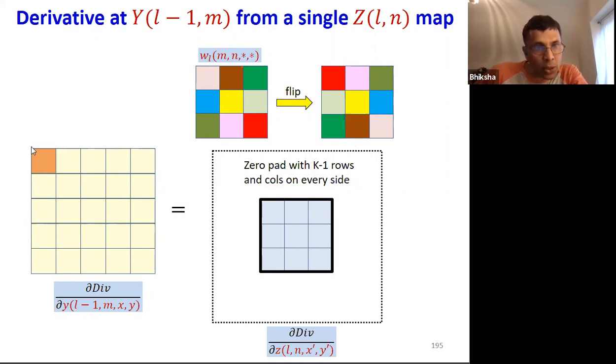Then remember, you also want to compute the derivative for this top left corner, right? So that means you want to place this flipped filter with its bottom right corner at the top left box here. In order to accommodate that, you've got to pad this with k-1 rows and columns of zeros on every side.